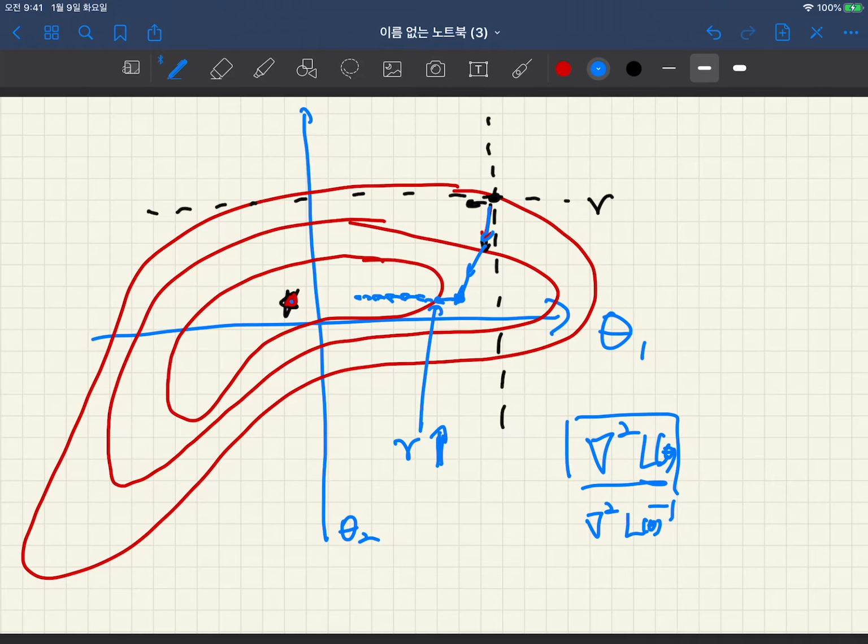But with deep learning, we cannot utilize such very advanced optimization techniques. The main reason is the Hessian is very huge. The Hessian is a matrix, and when we have millions of parameters, we have to compute a Hessian matrix with millions by millions of entries.